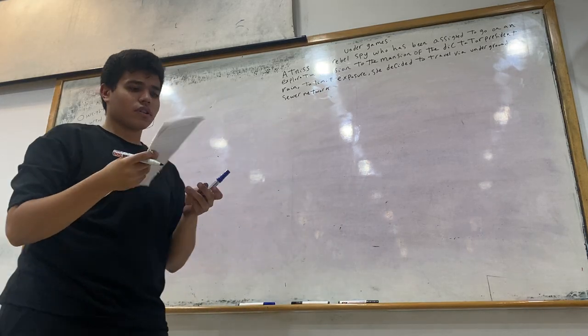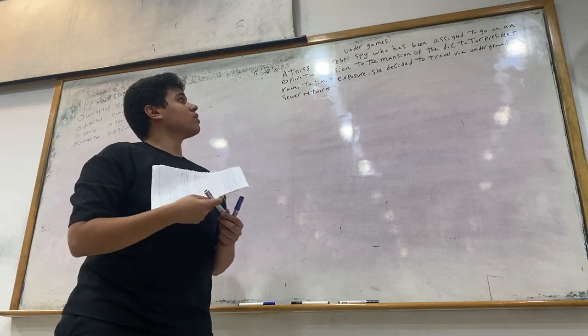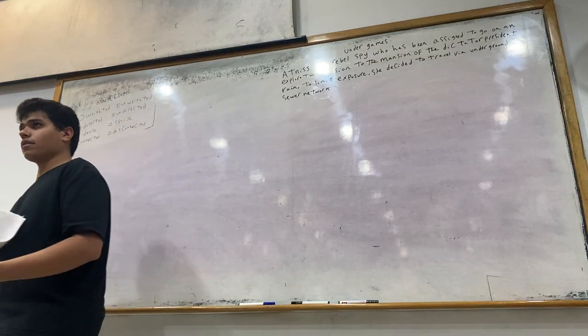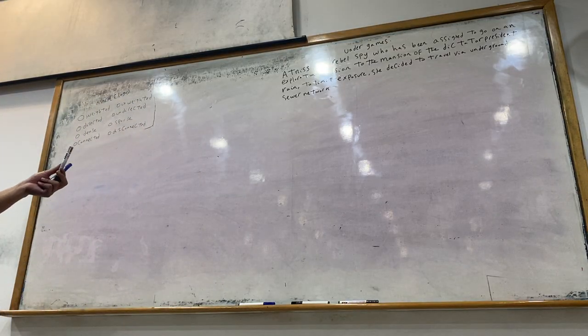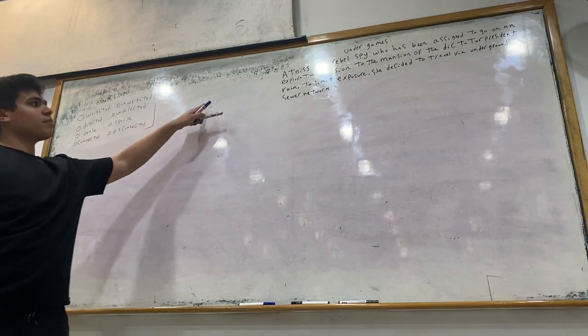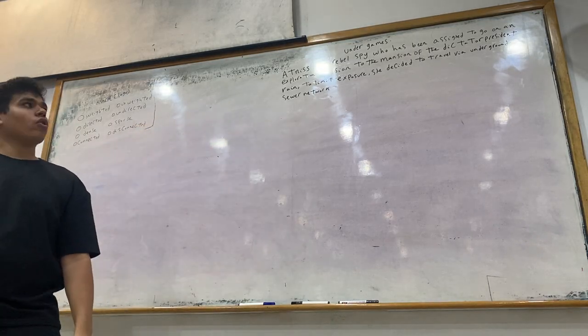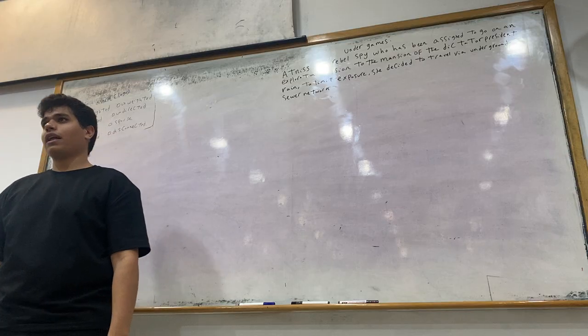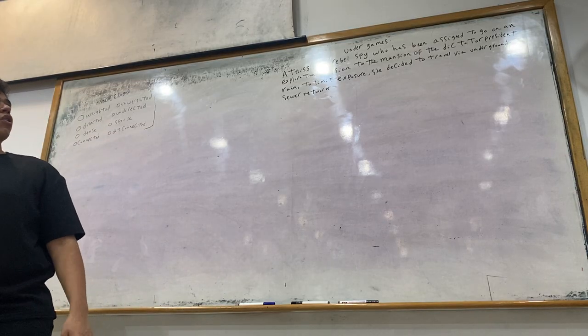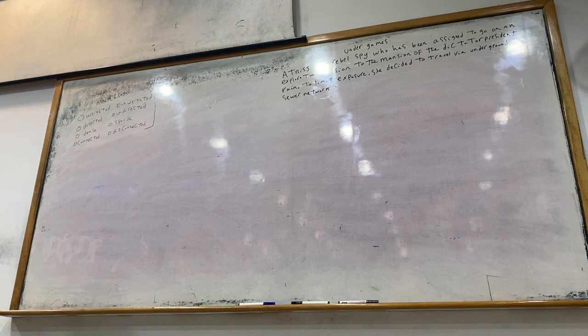Okay. The first thing it's saying is that there is some character called Agnes, a rebellious girl, a spy, who has been assigned a task to go on an exploration mission to explore the mansion of the dictator President Ray.